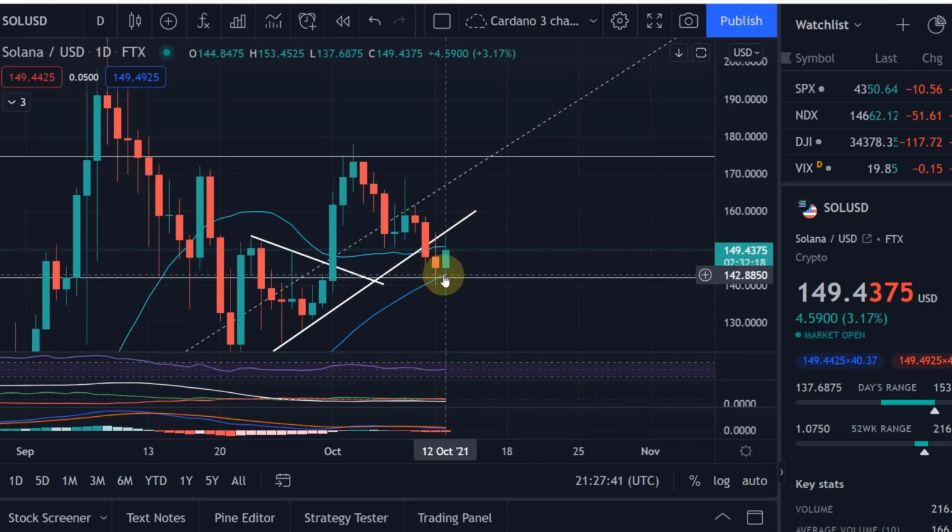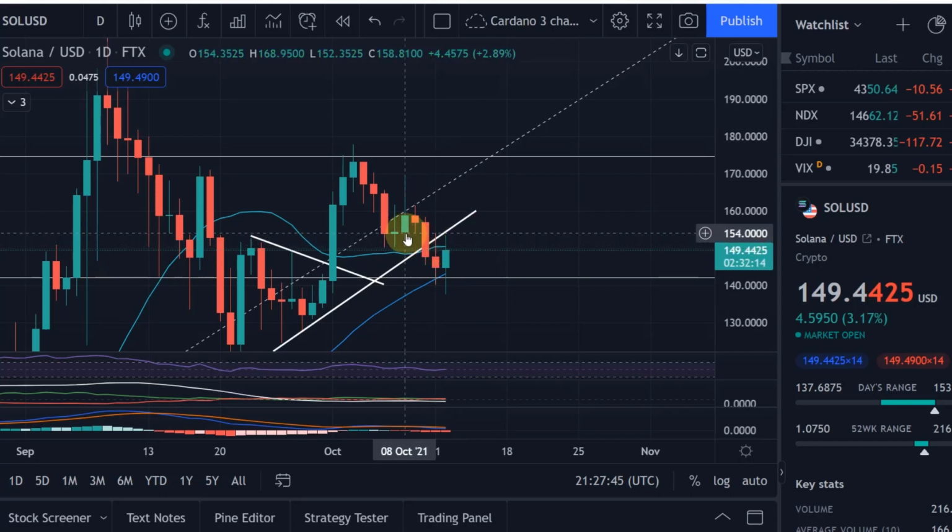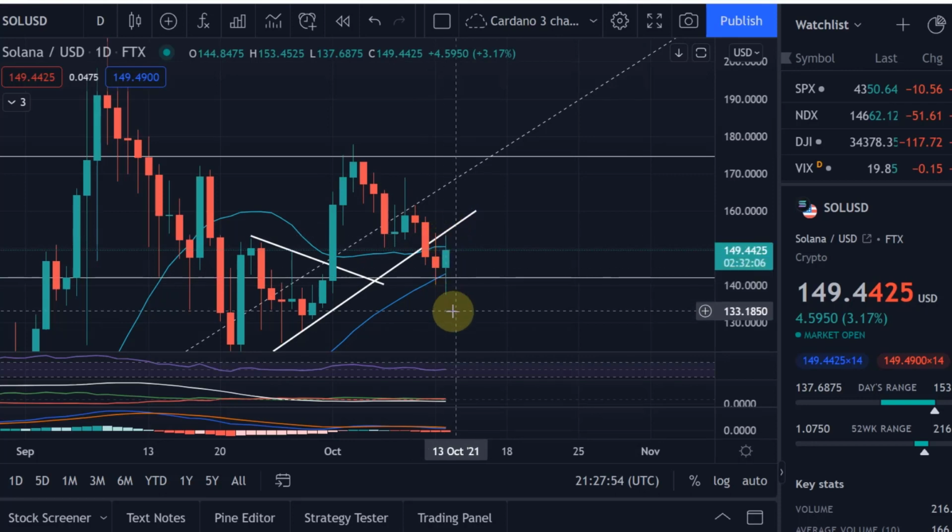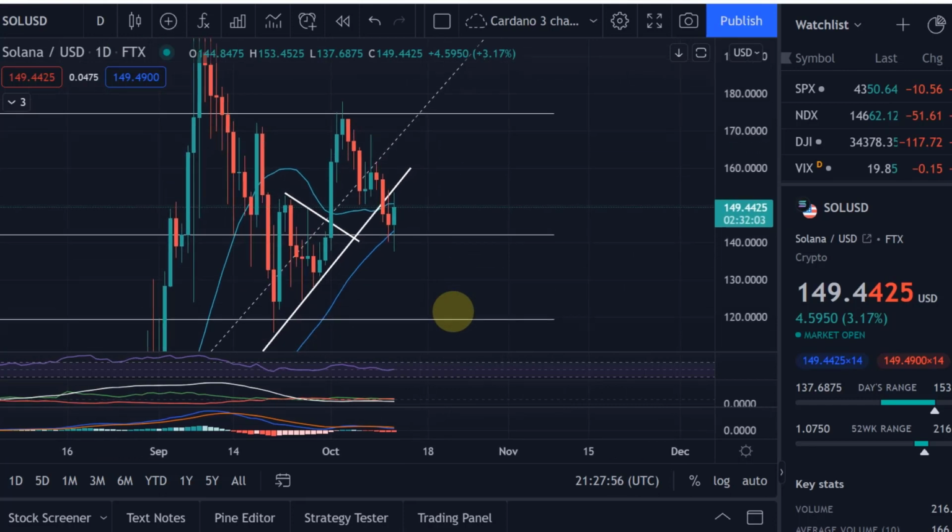Now that could mean two things. First, it could mean we're just finding support here. The second thing, it could mean that we actually broke through that trend line, did a retest, couldn't get back above the trend line, and now we might drop down further. Or we just might move sideways because we are finding support at the Fibonacci level.